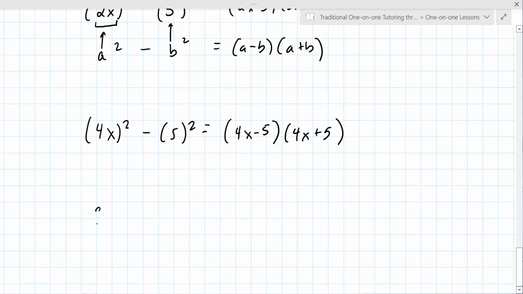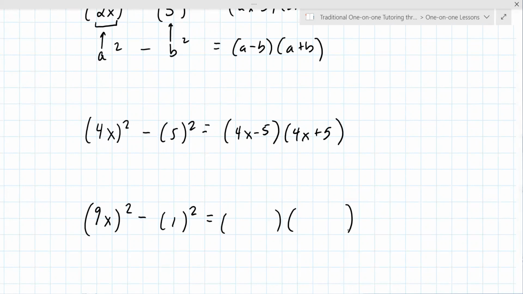Let's say it's 9x squared minus 1 squared. What would you write over here to the right? I would write 9x minus 1, and then I would write 9x plus 1. Good.